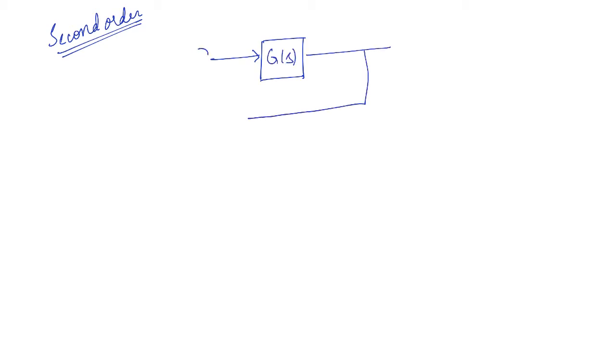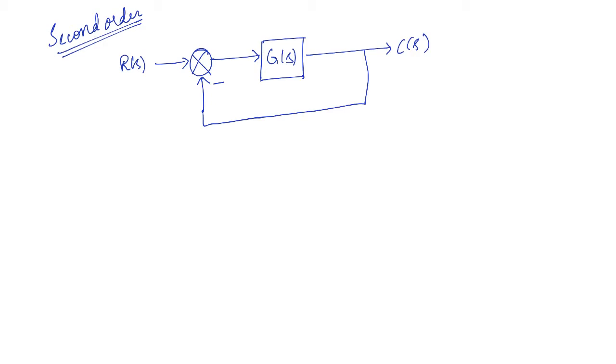Next we will see an example of a second order control system. We will take the forward path transfer function G(s). In all these examples we are taking unity feedback systems. So this will be the input and this will be the output.